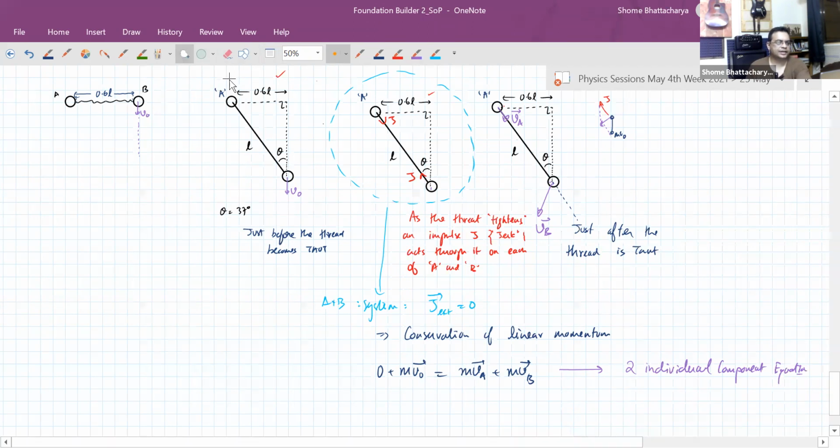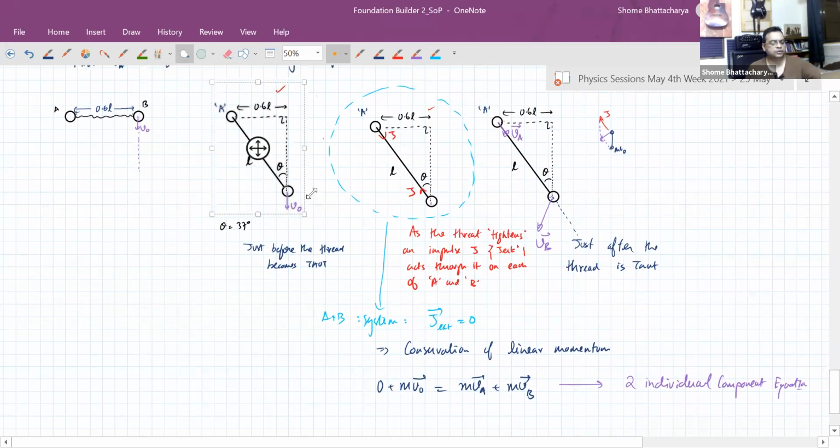Okay, so let's look at these two diagrams more closely and understand how we can apply momentum conservation by breaking into components.